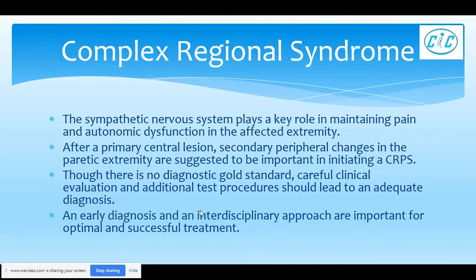All of those factors can bring pain in the area, either causing allodynia or hyperalgesia, or both. And after the primary central lesion, there are secondary peripheral changes that happen if somebody has a central CRPS.